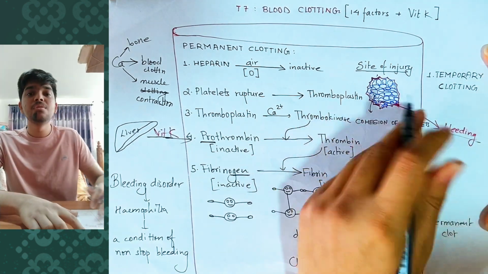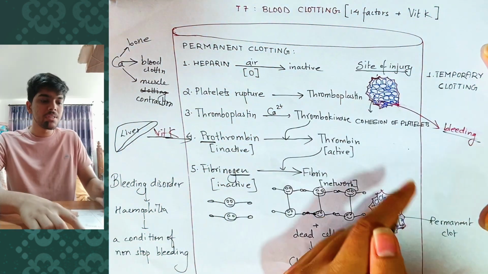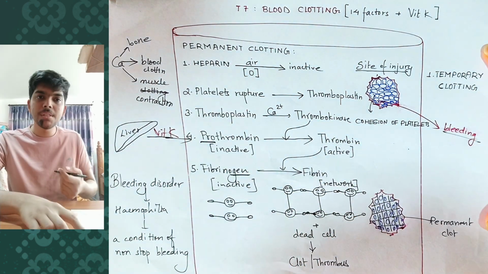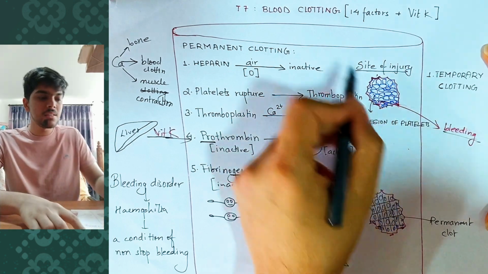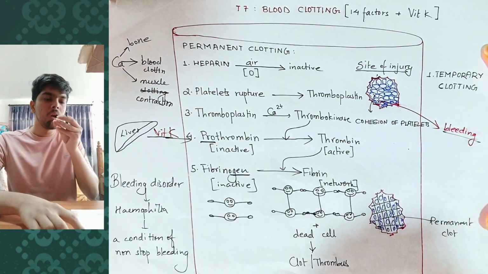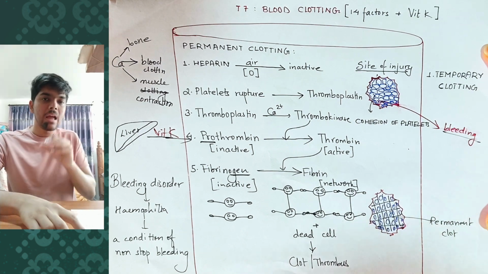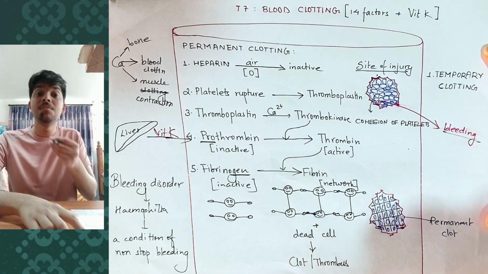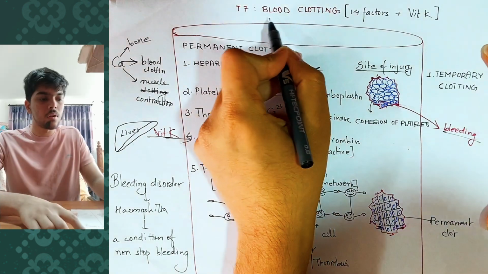This area needs to be healed so that the person doesn't die of blood loss. And the process by which this area gets healed is called blood clotting. Clotting means coming together or getting aggregated at one particular place. And since the aggregation takes place of the blood cells, it's called blood clotting.